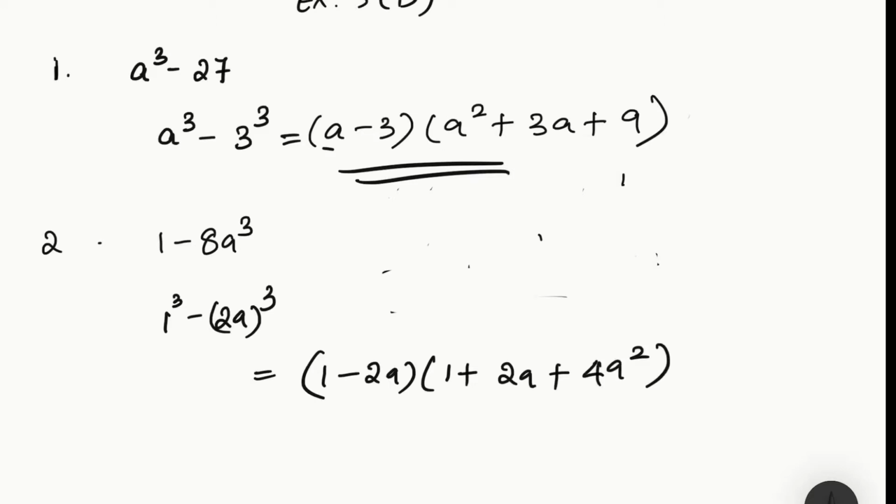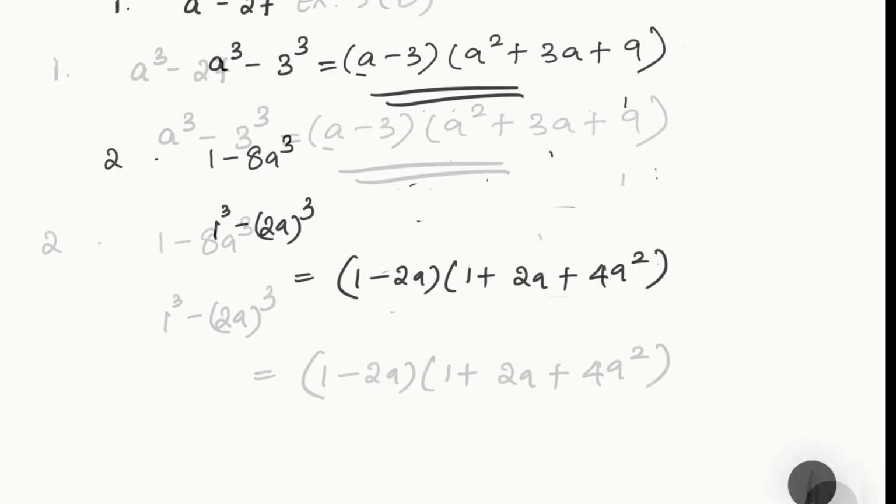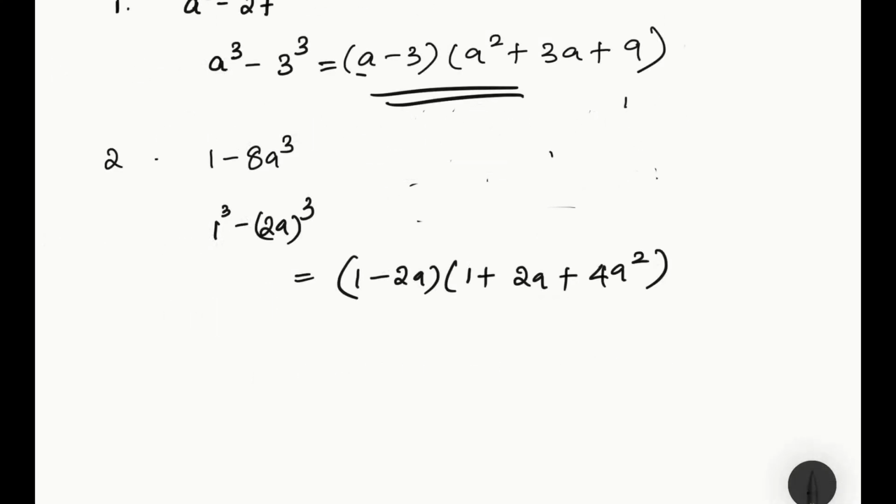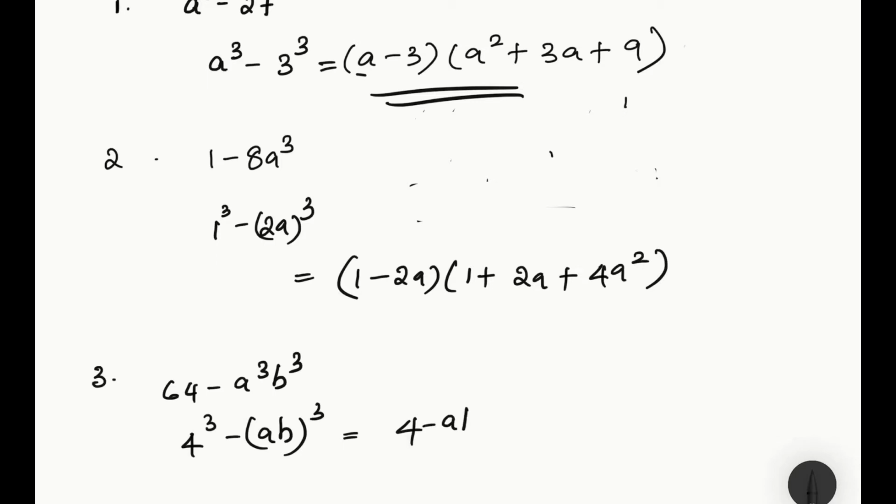Okay, so we can write it this way, just substituting the formula, that's all. Okay, coming to the third question, 64 minus a cube b cube. That will be equal to 4 cube minus ab whole cube, right? That can be written as 4 minus ab into 4 square, that is 16, plus 4ab plus a square b square.